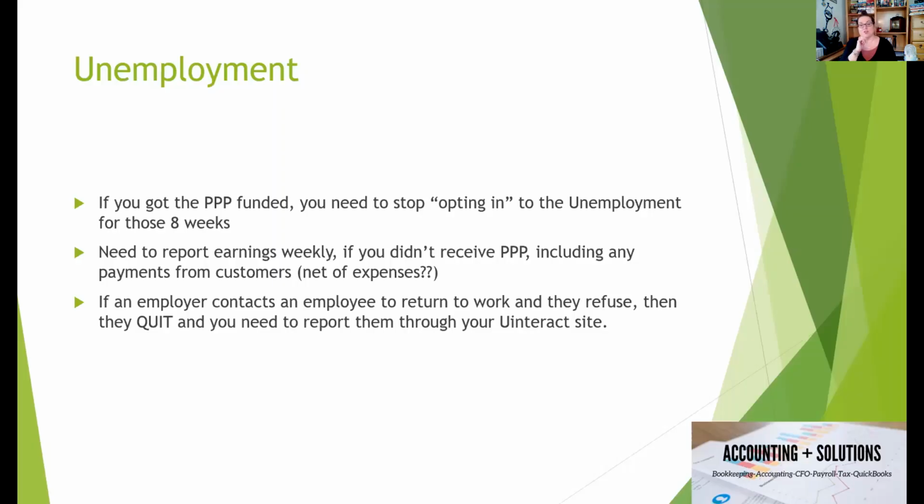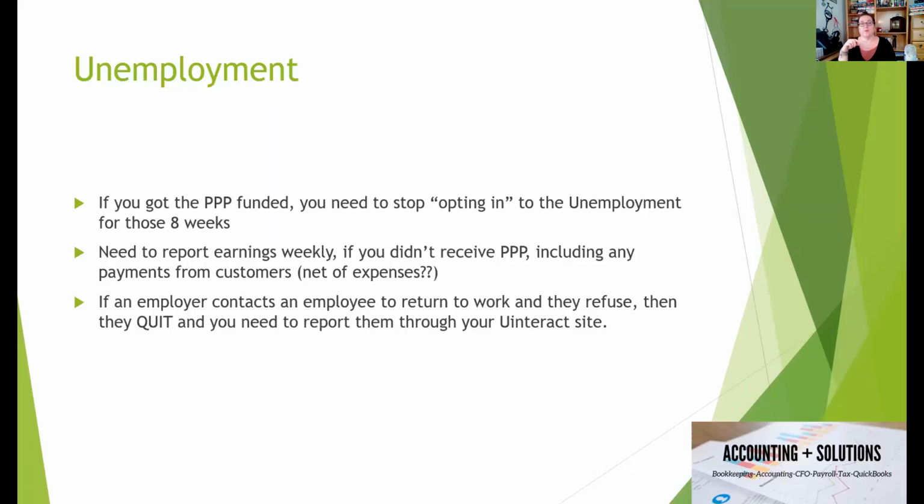And then, like I addressed earlier when Tony asked, if you contact your employees that you have laid off or furloughed or allowed to take unemployment, and they refuse, then they quit. When you're on the phone with them and they're refusing to come back, you need to tell them that they quit.